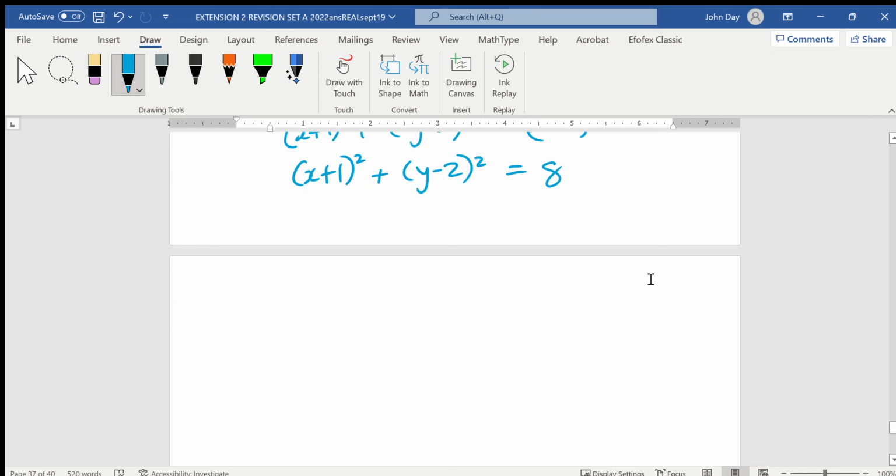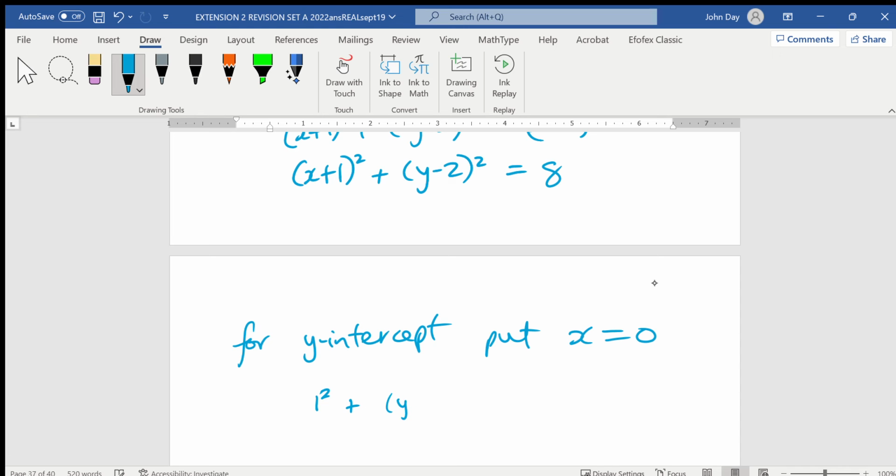Now, where does it cut through the y-axis? Well, for the y-intercept, you put x equal to 0. So I put x equal to 0, and I'm going to get 1 squared plus y minus 2 squared equals 8.